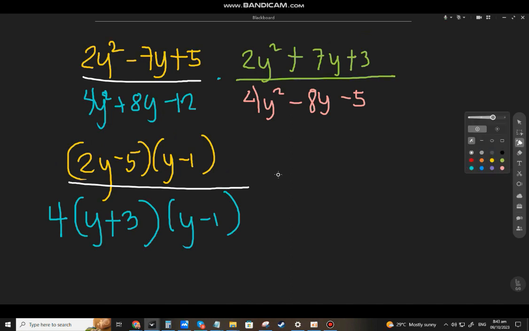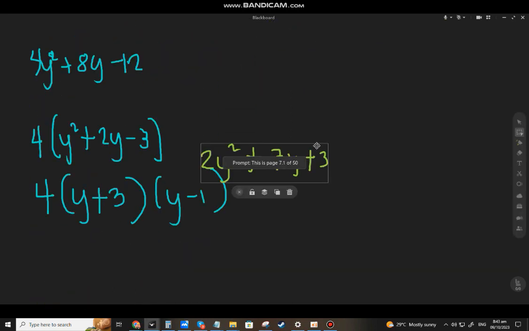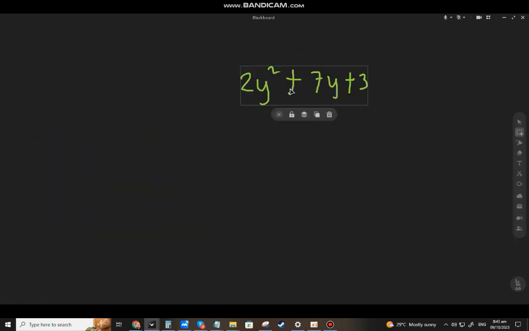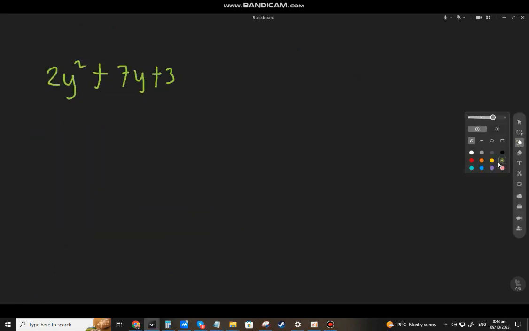And next one, we have 2y squared. Let me just erase that one. 2y squared plus 7y plus 3, they don't have a GCF, so we have to slide and divide.